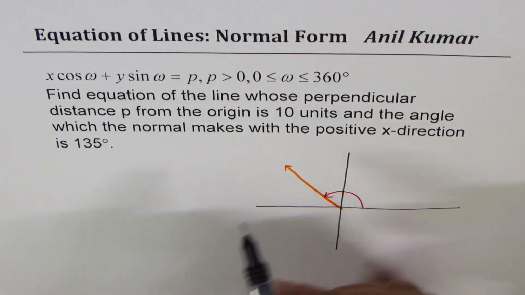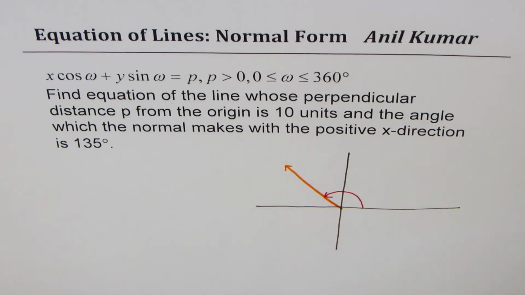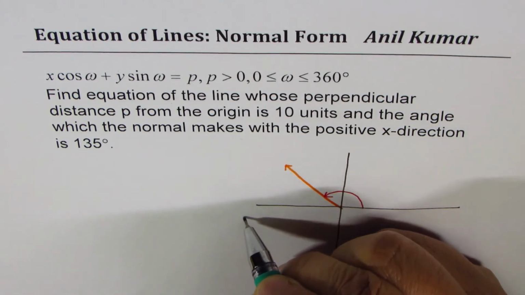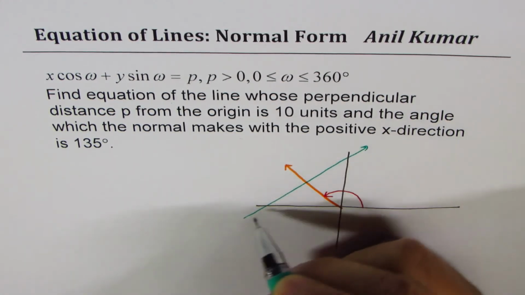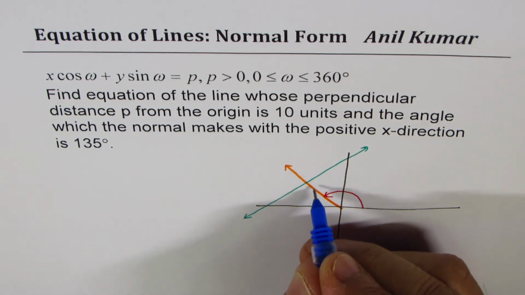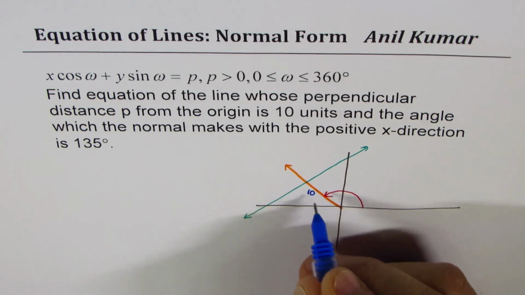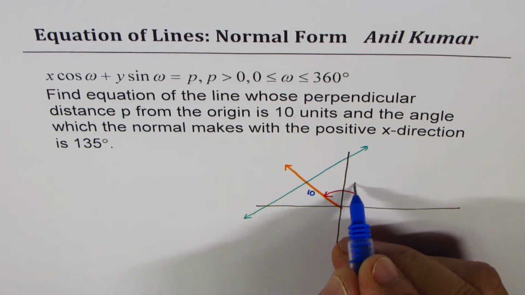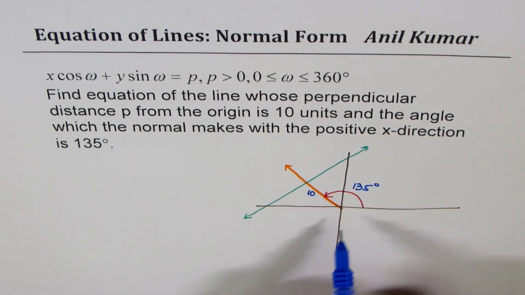Because we want the line 10 units away, we could draw a line perpendicular, let's say like this, so that this distance here is 10, correct? The angle given to us is 135 degrees.